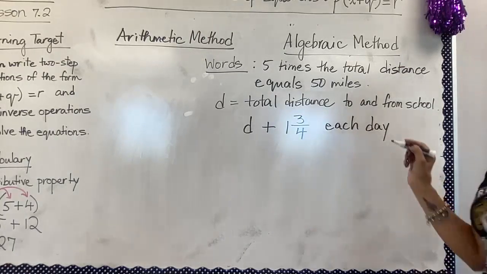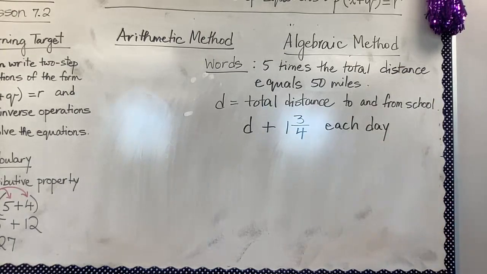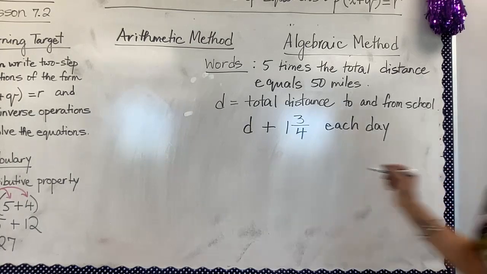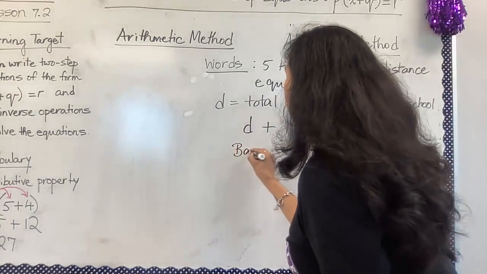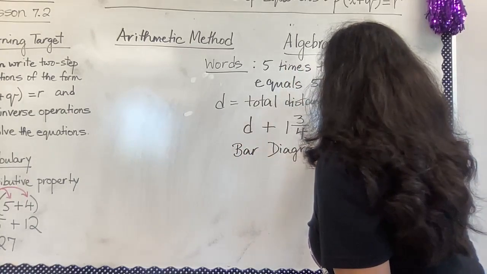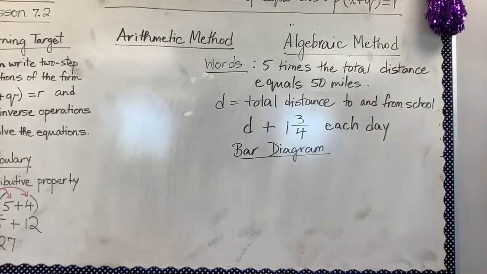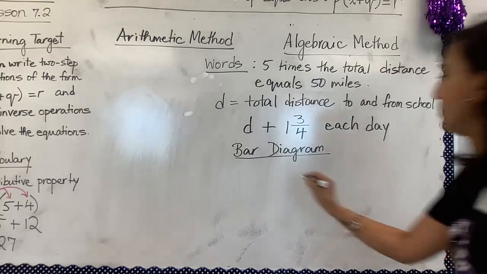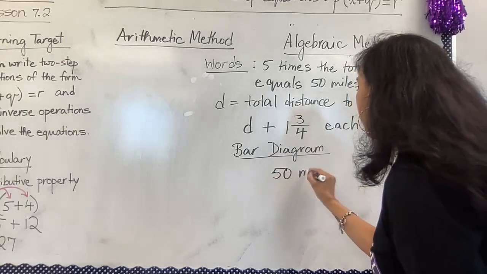Okay, so now I'm just going to show you with a bar diagram the number of miles she is driving, because it's 5 times in the week. So we have the total distance, which is 50 miles.